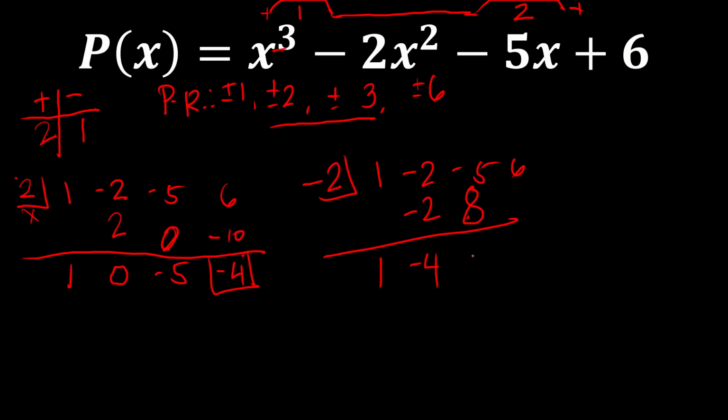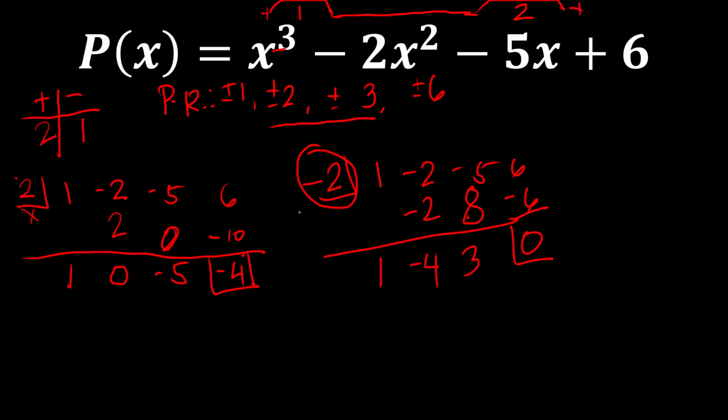Then negative 5 plus 8 is positive 3. 3 times negative 2 is negative 6. And 6 plus negative 6 is 0. So, nag-0 tayo dito. So, therefore, negative 2 is one of the correct answers.